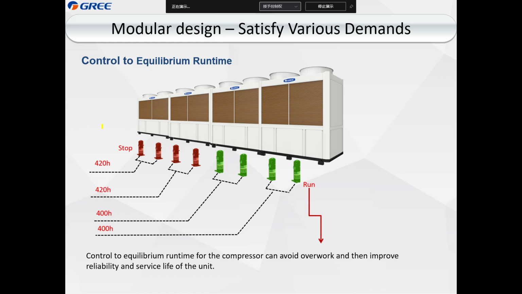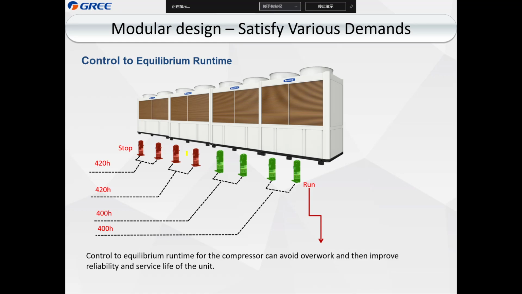And next is the control for equilibrium runtime. Equilibrium runtime mainly ensures the balance of all the compressors and all the modules. During part load, not only one compressor or one module works.